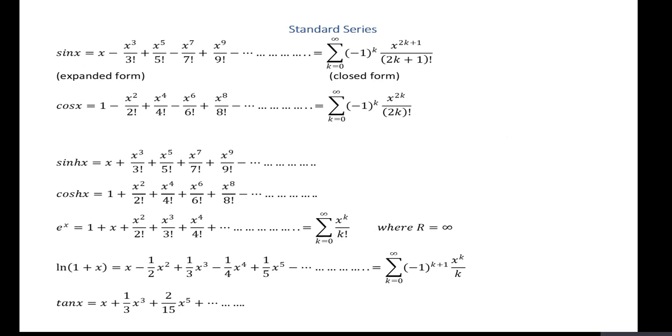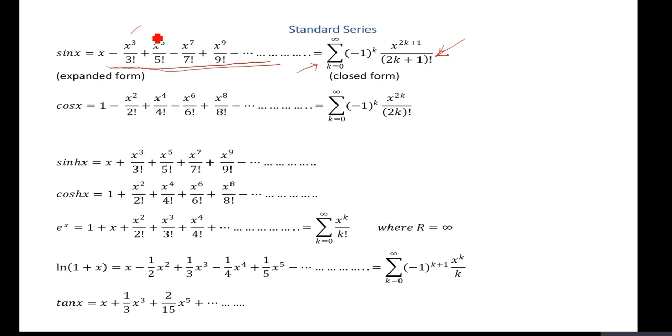The first one, sine of x. On the left-hand side, that's the expanded form, which is what we really would like to do. And that's the closed form, or an abbreviated form, using, of course, my sigma notation.